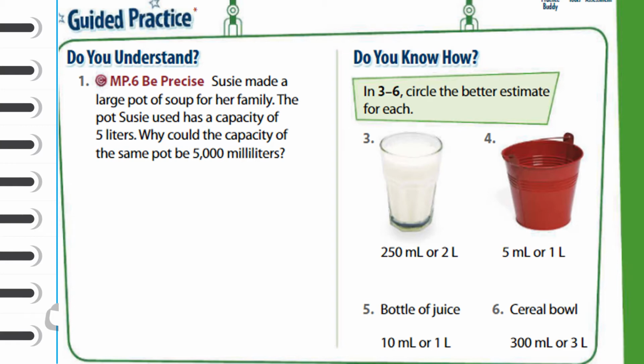So let's solve it. We know that 1 liter is equal to, quickly tell me. Excellent. 1000 milliliters, right? So the pot she used in the question has the capacity of, excellent, 5 liters.